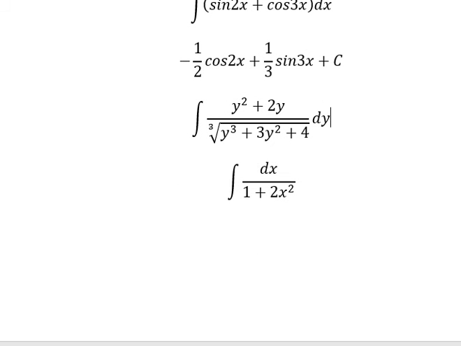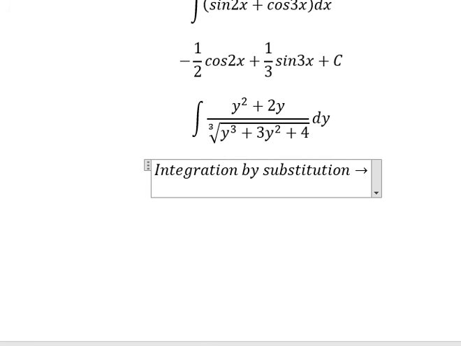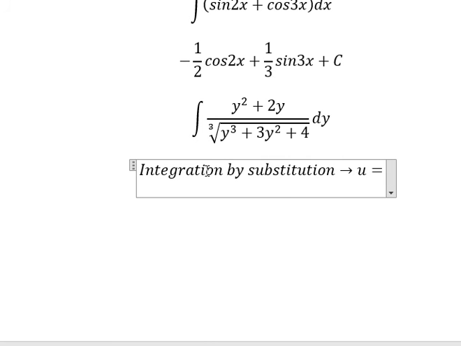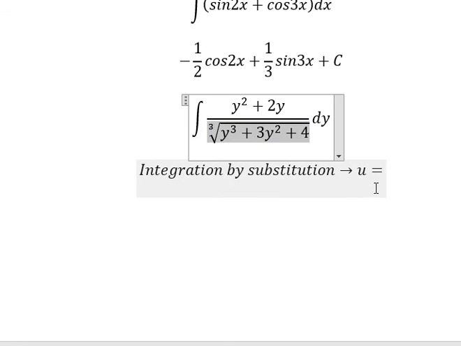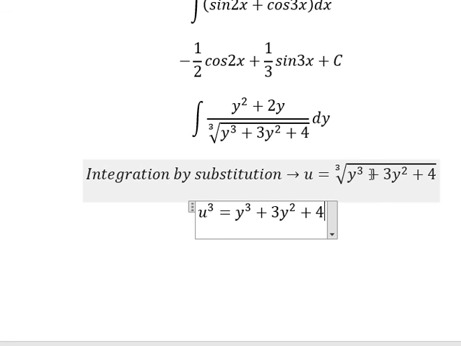The next one, we need to use integration by substitution. So we put u equals to this one. So we put the power 3 on both sides, so that we can cancel the root.